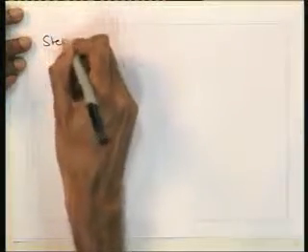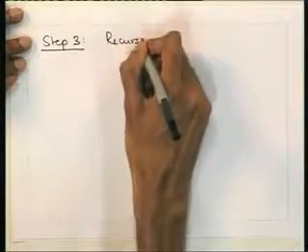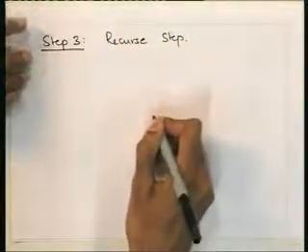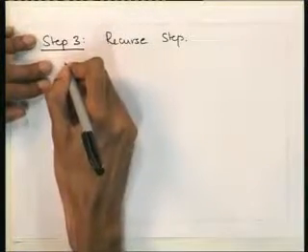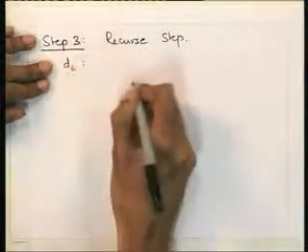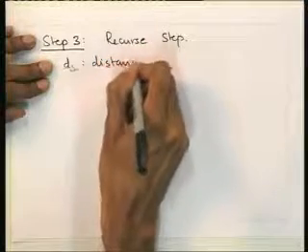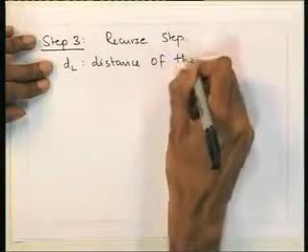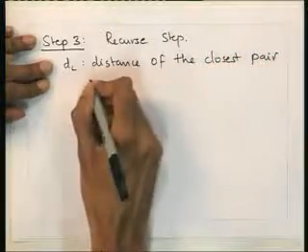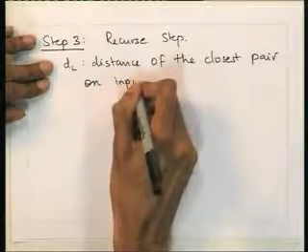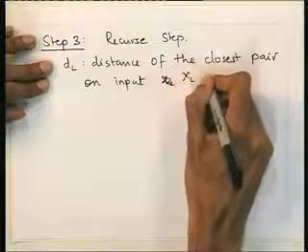So step 3 is a recurse step. Let us say dl is the distance of the closest pair on input capital XL, capital YL.